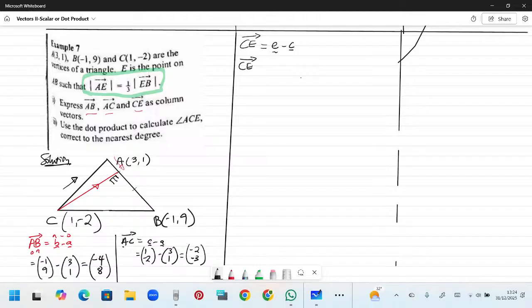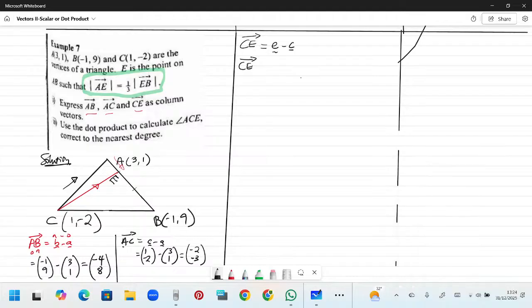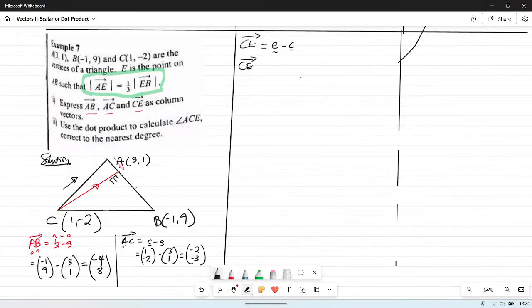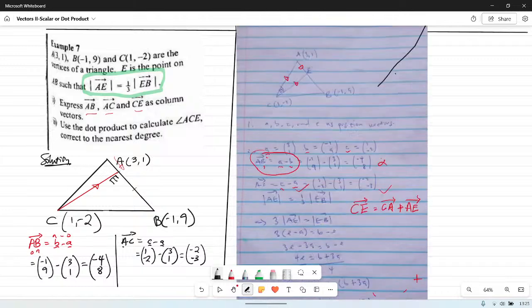Okay, let me see if you really got the E. I'm bringing it back. So I don't know why the diagram is not coming. It's big.